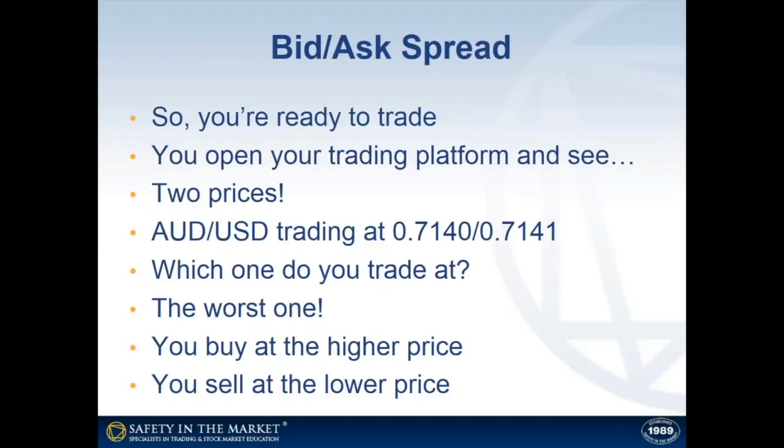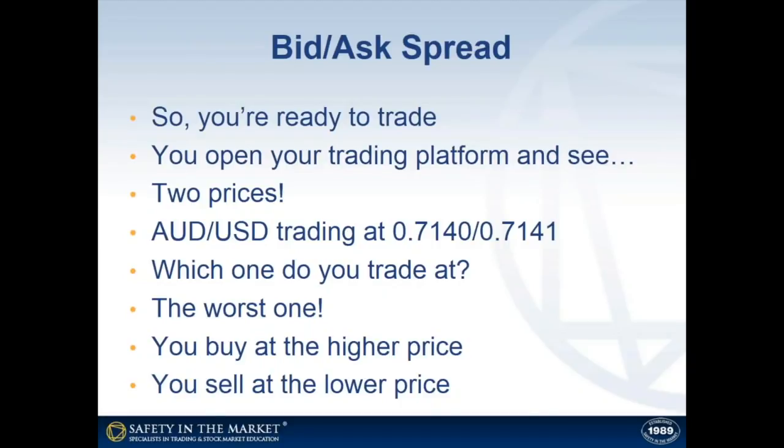So the number on the left, 71.40, is often referred to as the bid, and that's how much buyers are prepared to pay for that currency. And then on the right-hand side, that is the ask or the offer. But if you think about ask, that's what sellers are asking for when they want to sell their Aussie dollars. They want 71.41, right?